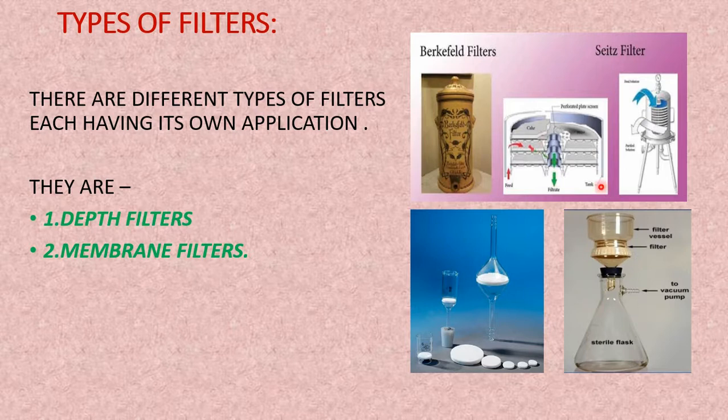Here you can see the pictures. This is a membrane filter and these two are examples of depth filters: Berkefeld filters, Seitz filters, and sintered glass filters. And this is an example of membrane filters. Let's see depth filters first, and then we will move to membrane filters.